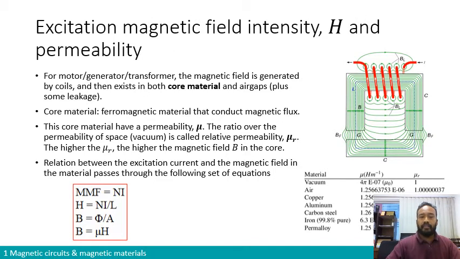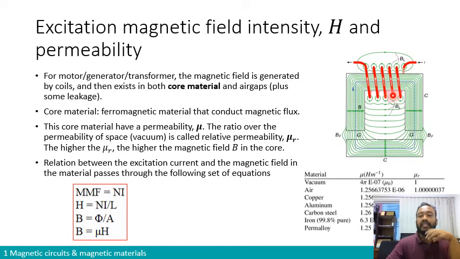And then we have another thing that we call the excitation magnetic field intensity, the excitation H. So just now we had B, now we have H, and the permeability. For motors, generators, and transformers, what you need to know is that we don't usually have just a coil.